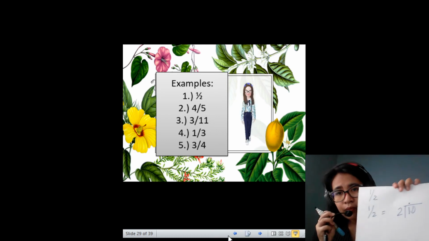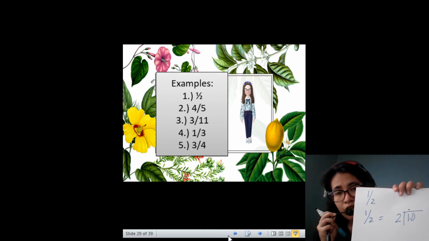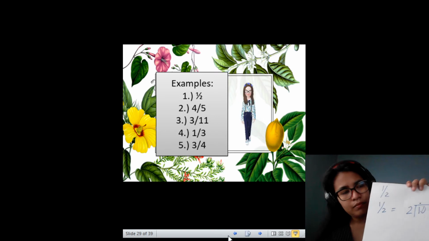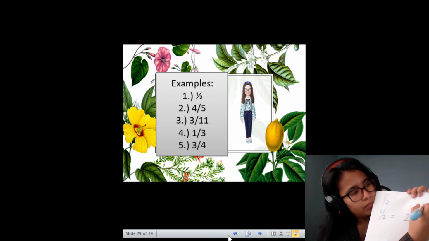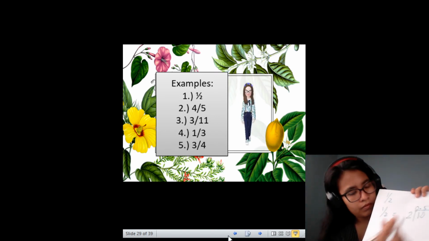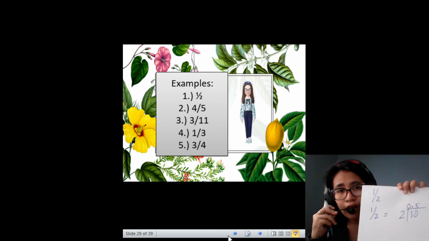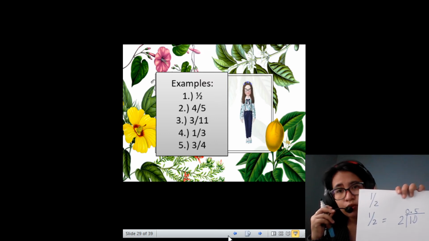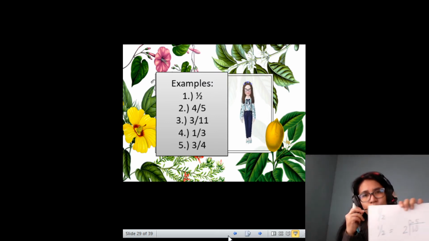Now you have 10 divided by 2. This time it can be divided. So 10 divided by 2 equals 5. So 1/2 is equal to 0.5 when changed into decimal form.